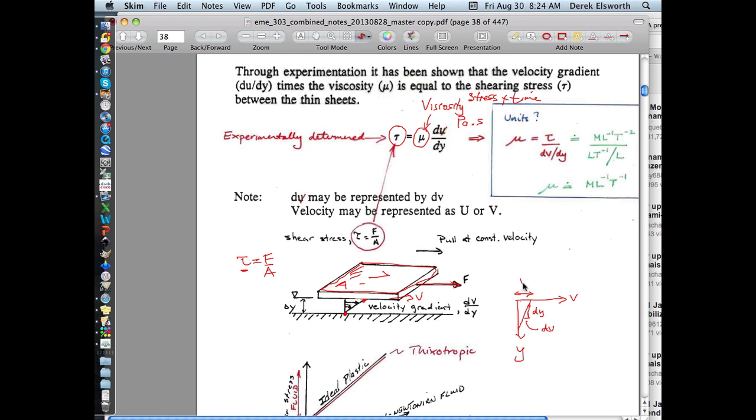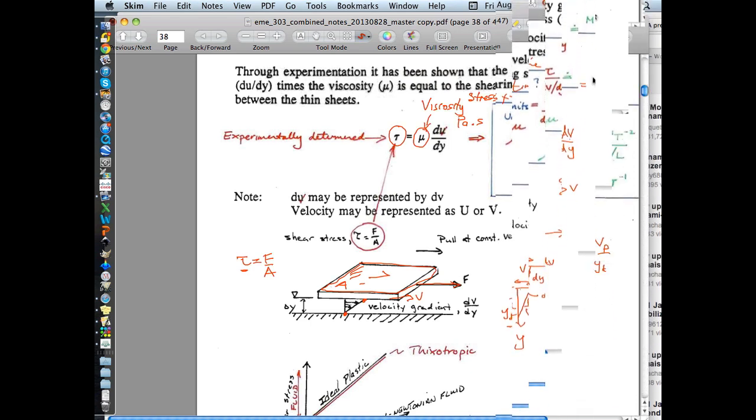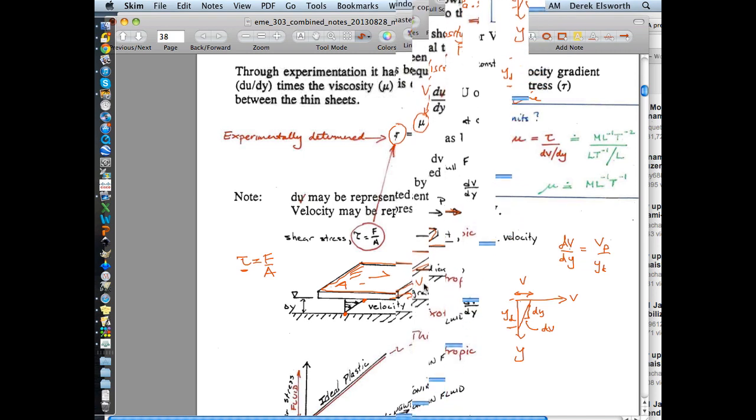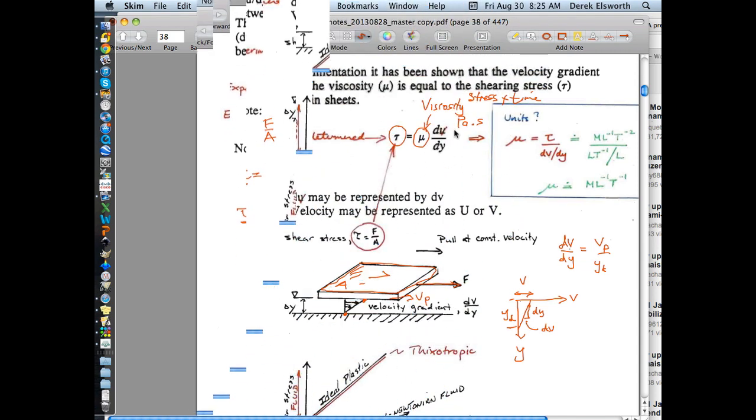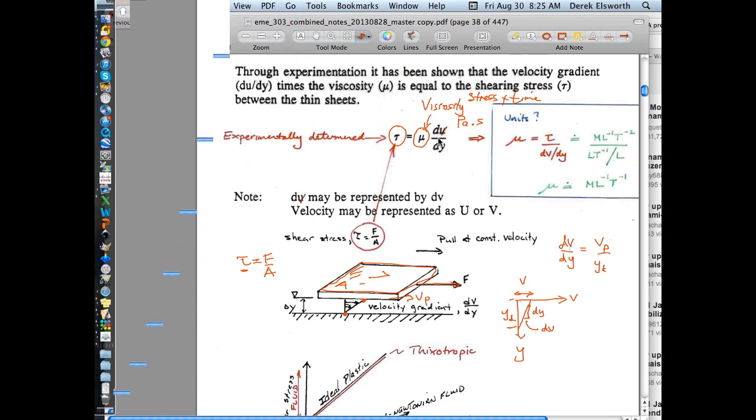You could look at this as being v, and this as being, say, y depth. And so in this case, the change in velocity with depth, dv/dy, is just equal to the velocity of the plate, let's call it vp, divided by the depth of the fluid, which in this case is y.